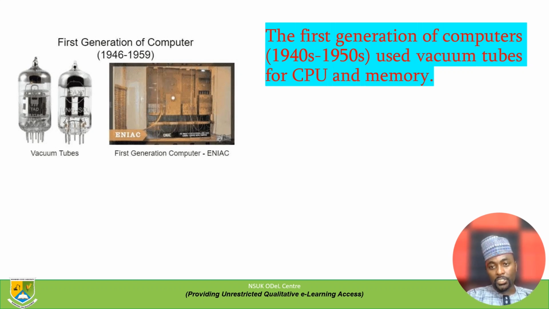In the first generation, we have computers that existed between the 1940s and 1950s, where they used a device called the vacuum tubes for CPU and memory. Due to the limitations of these first generation computers, they are large in size, they generate a lot of heat, and they can easily occupy a very large room.